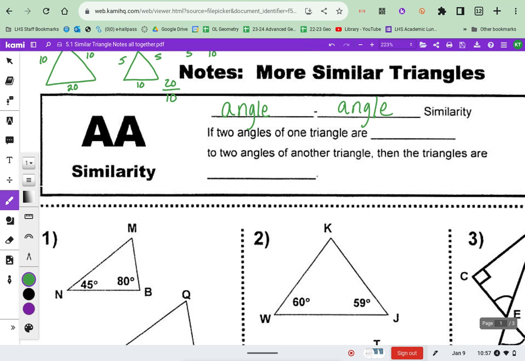And it's if 2 angles of one triangle are congruent to 2 angles of another triangle, then the triangles are similar.